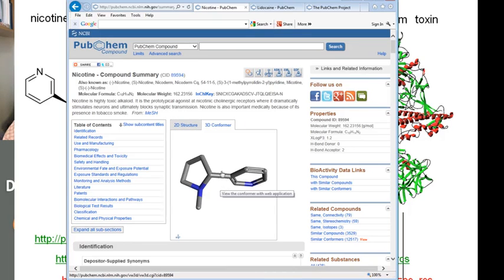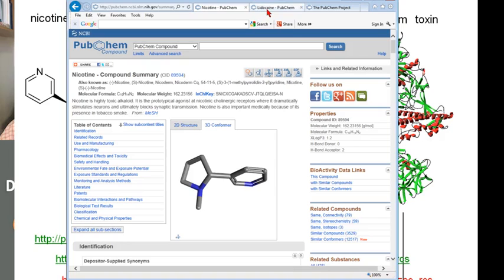They have rotations around this single bond. They have slightly different puckering and torsions and angles on all of the bonds, and we can get a good feeling for the ways that the nicotine molecule can change its shape.